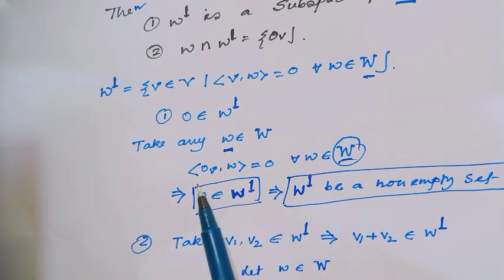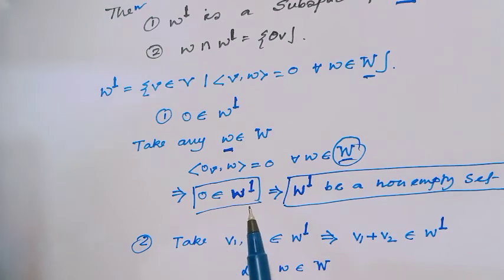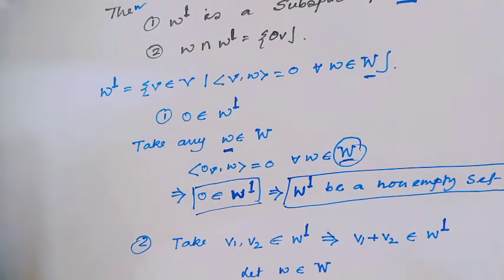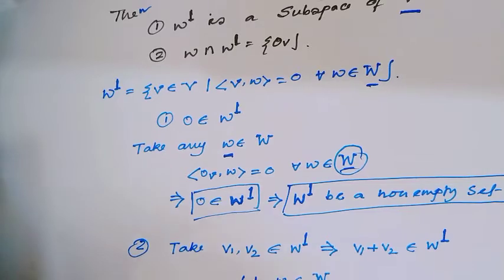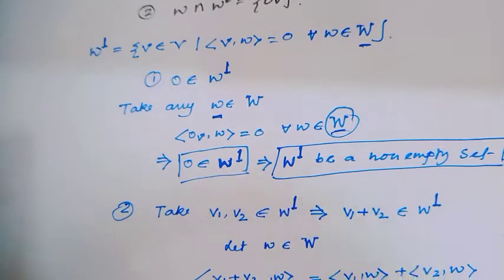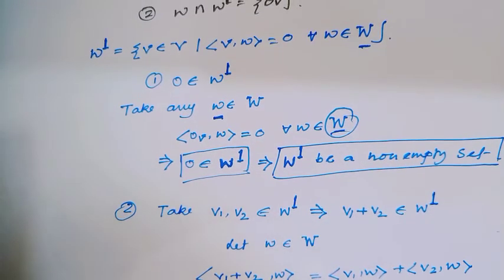That means from this expression we can easily tell 0 belongs to W perp, and since 0 belongs to W perp, that implies W perp is a non-empty set.